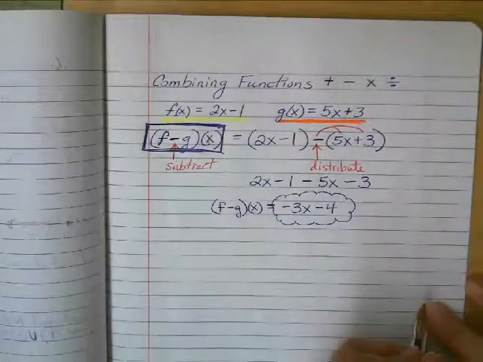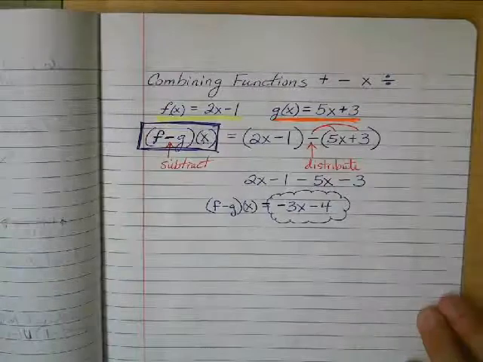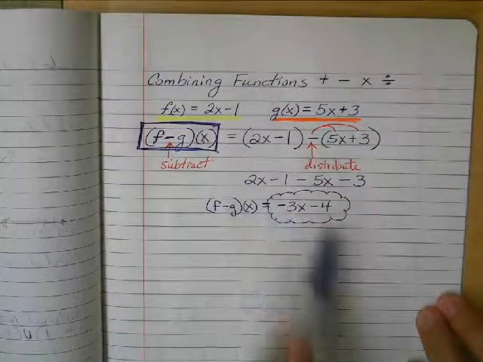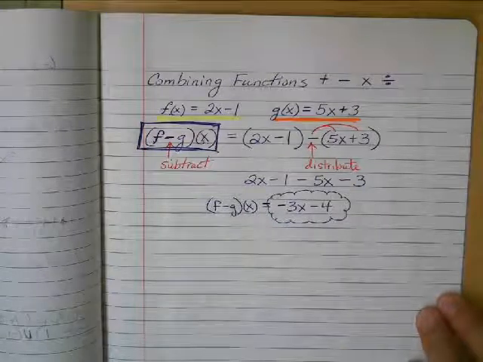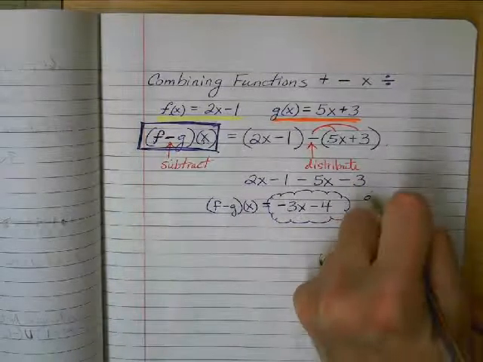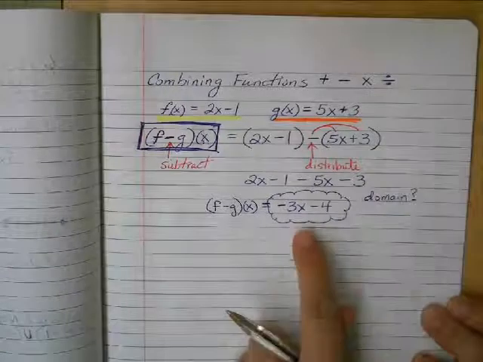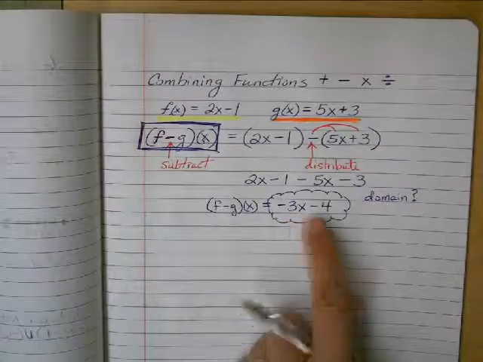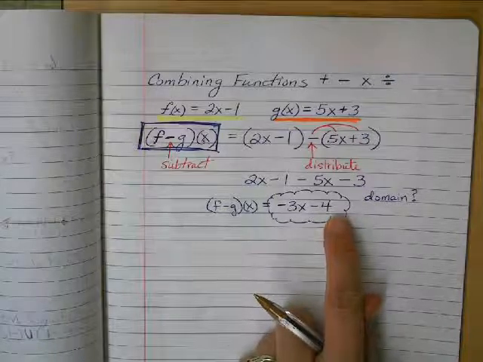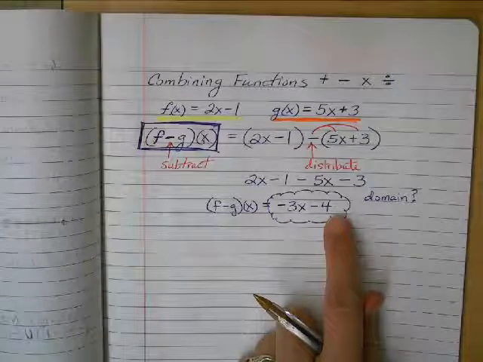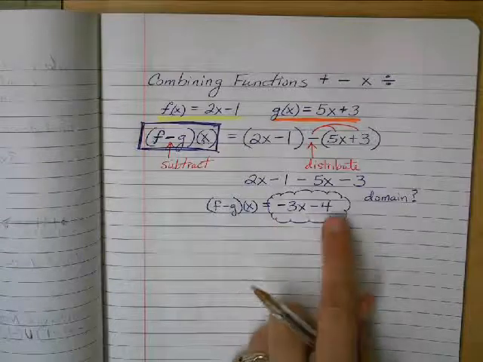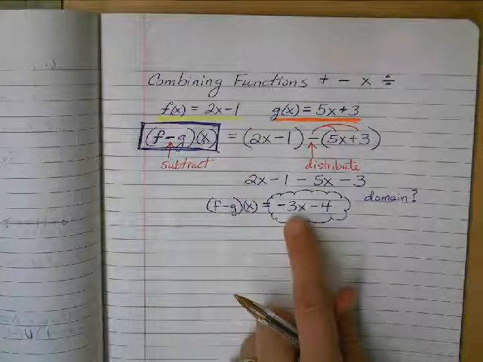Again, they might at the end even ask you, what's the domain now? What's the domain of this new function we put together? What do you think the domain is of negative 3x minus 4? What kind of graph is it?